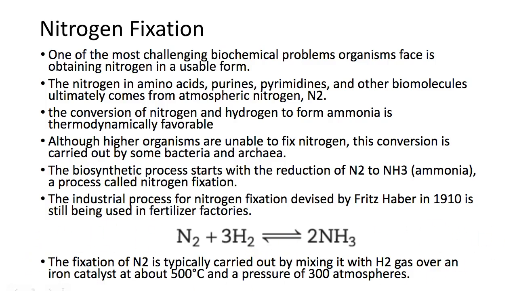That is covered right here, so you want to take note of that. But just know in nature, we have other organisms such as bacteria that can do this nitrogen fixation as well.